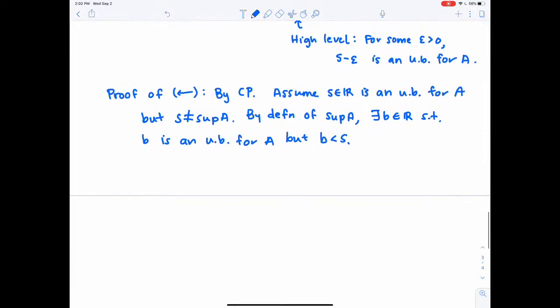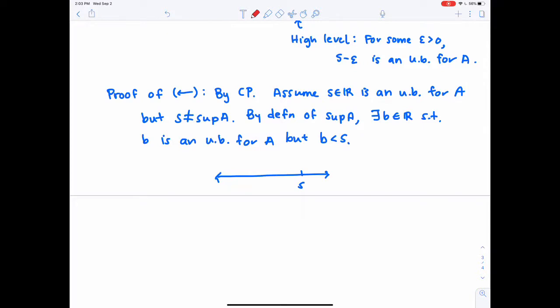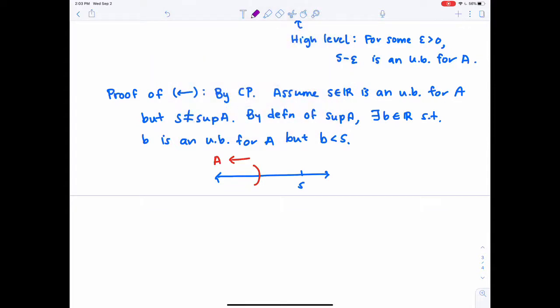So if I draw a picture of what that looks like, we have our number S right here, and we're told that that is not the least upper bound of our set, which means it's not right up against the edge of the set A. There has to be some other B in here that is an upper bound that's even smaller. Now B could be the supremum, or it could just be another upper bound. I'm not asserting that B is the sup here. I'm just saying there has to be a smaller upper bound if S is not the supremum.